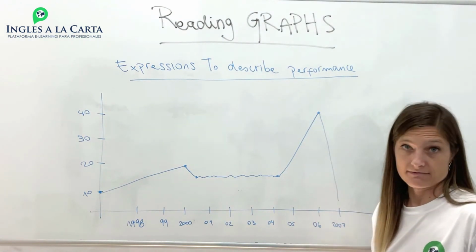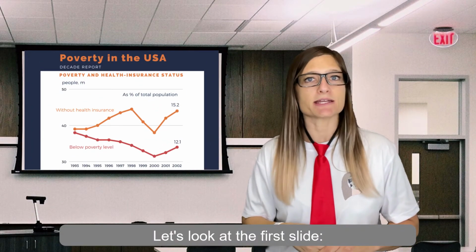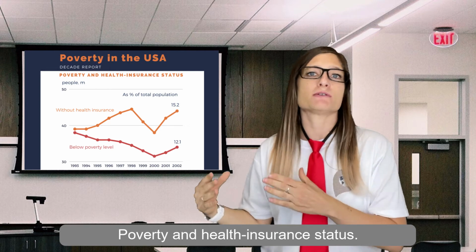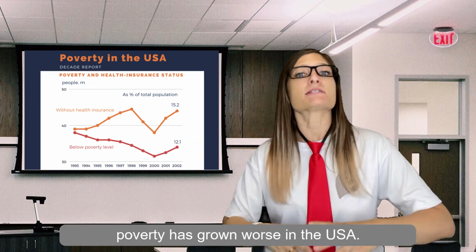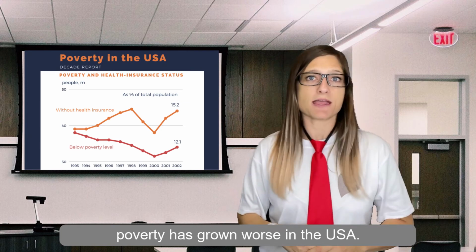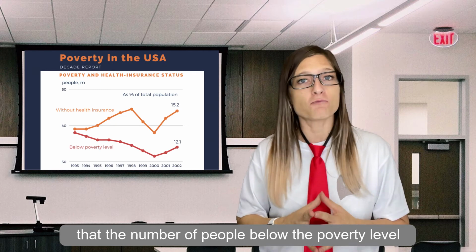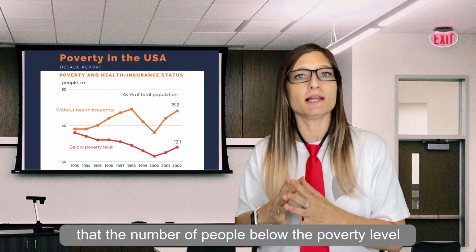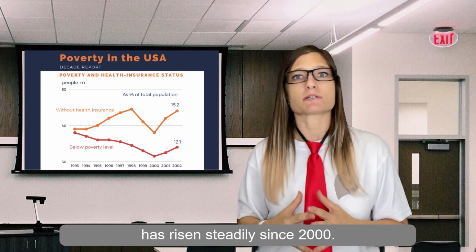Let's look at the first slide, poverty and health insurance status. As you can see, poverty has grown worse in the USA. The graph clearly shows that the number of people below the poverty level has risen steadily since 2000.